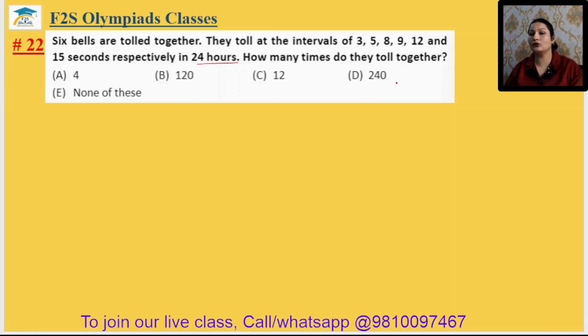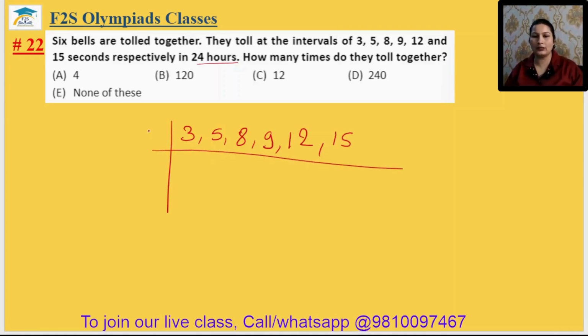So to calculate how many times, first we have to calculate after which time they will toll together again. The first is the 0 starting time. The second will be the LCM of 3, 5, 8, 9, 12 and 15.